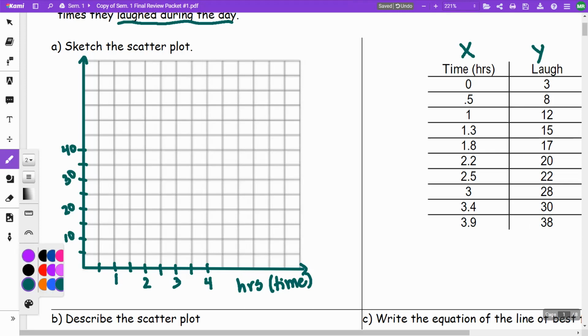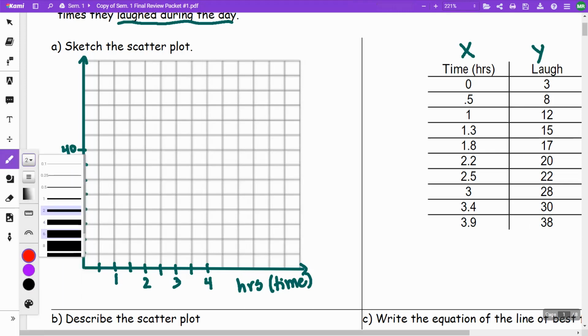And I'm going to plot these points. So I'm going to be graphing 0, 3. So let's say about here. 0.5, 8. 1, 12.